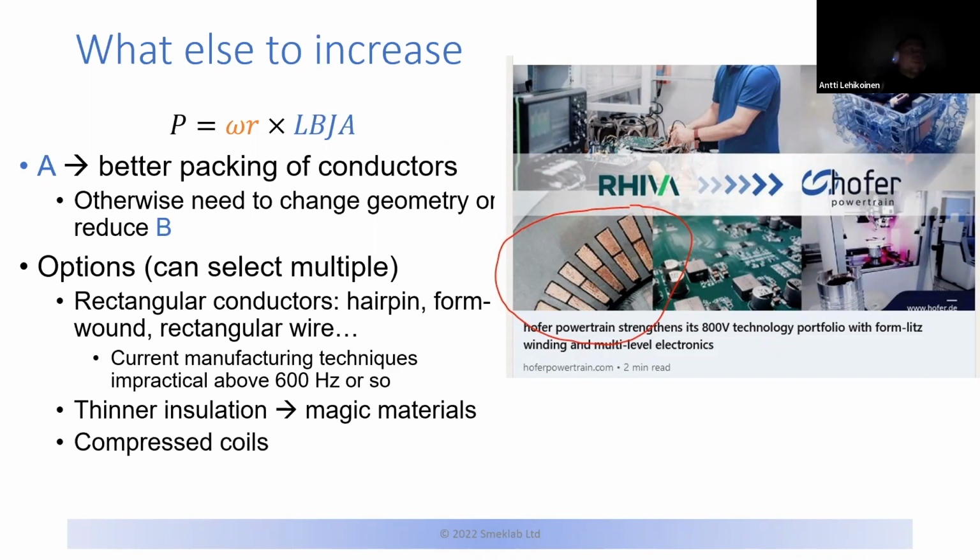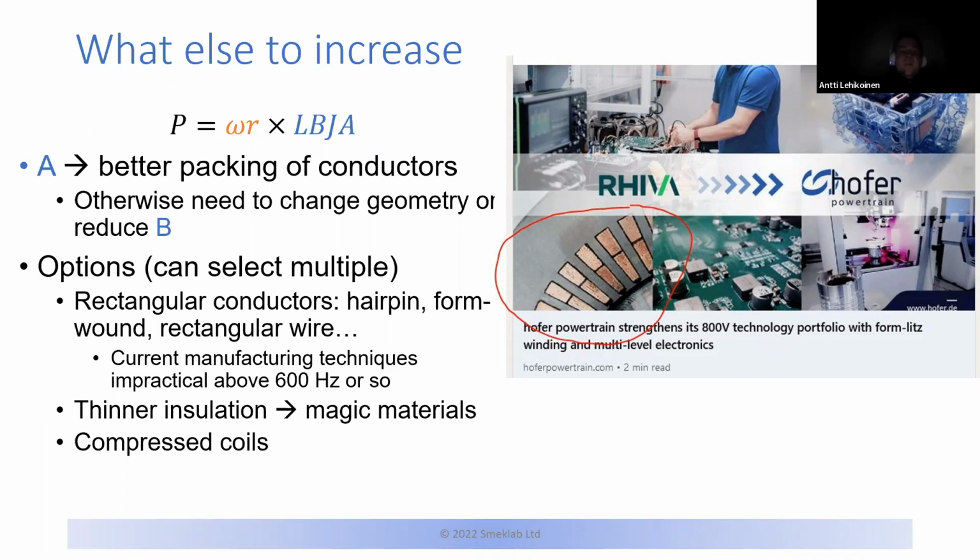Or you could make the slots deeper again, but then you would simply be increasing the size of the machine. So if you want to keep all other aspects constant and simply increase the copper area or the conductor area, your only choice is to improve the packing of the conductors. Basically fit more copper or conductor area inside a fixed volume.